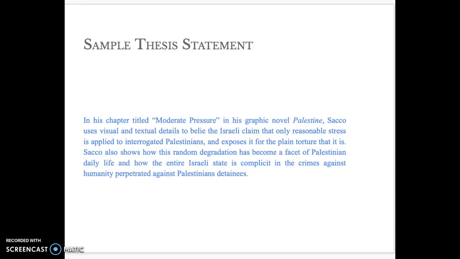And Joe Sacco is a journalist, an award-winning journalist and graphic novelist who spent time in the occupied territories and in Tel Aviv, and he spoke to people on both sides of the conflict, and instead of doing straightforward journalism, he collected his experiences in a graphic novel.